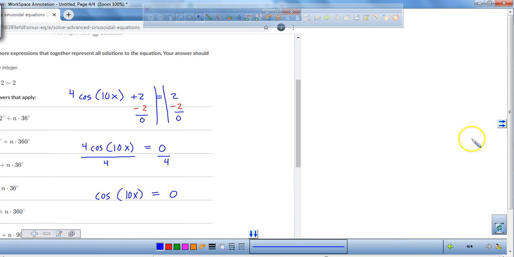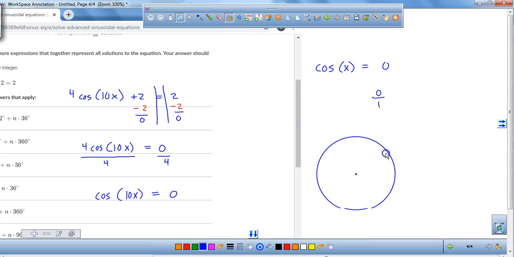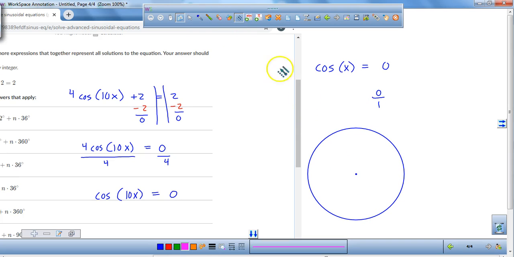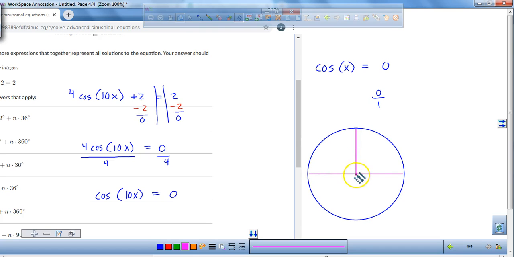Well, let's think about this. Where would the cosine of x equal 0? When is the x value 0 over 1? That's what you want to be thinking about. So if you had a unit circle, there's two areas where the x value is equal to 0.